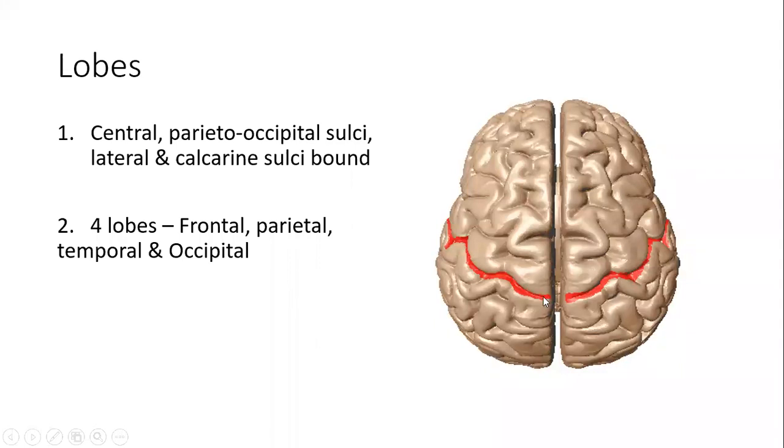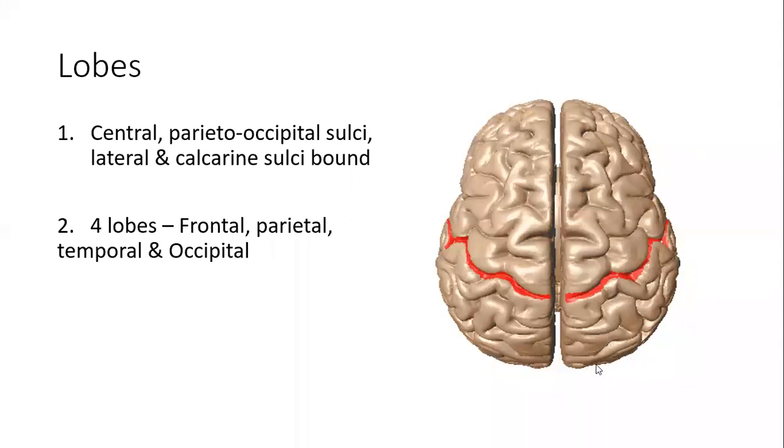So this sulcus begins along the supromedial margin of each cerebral hemisphere and runs downward and laterally. The lobe that lies anterior to the sulcus is called the frontal lobe. The lobe that lies behind the central sulcus is labeled as the parietal lobe.